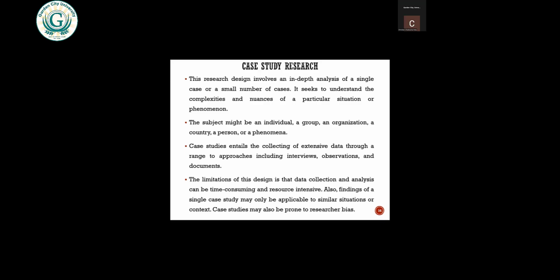And then it is also prone to researcher bias. Sometimes you tend to put yourself in the research and bring your own biases into it. Probably the person you were using for your case study is a traditionalist.